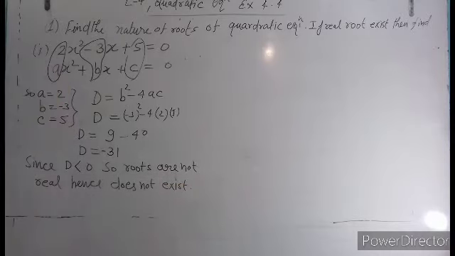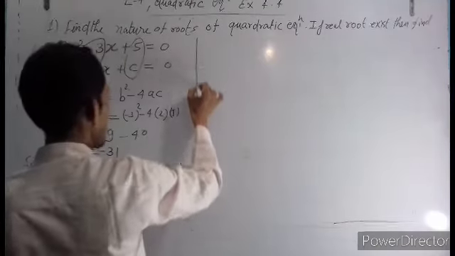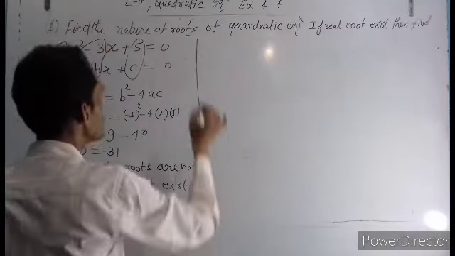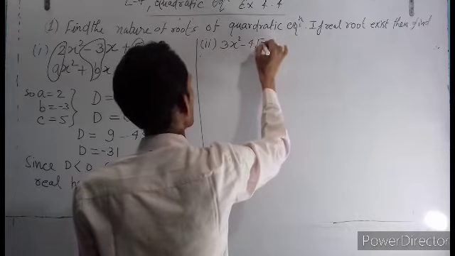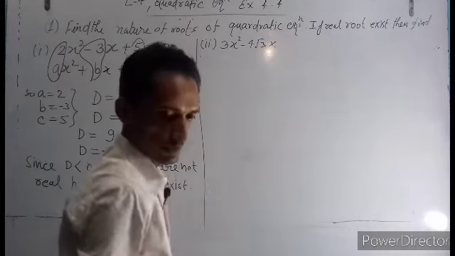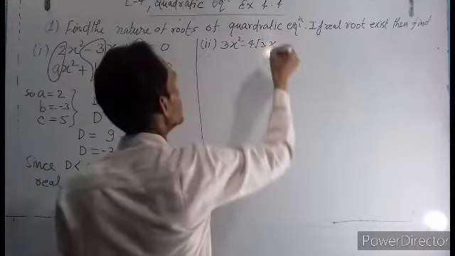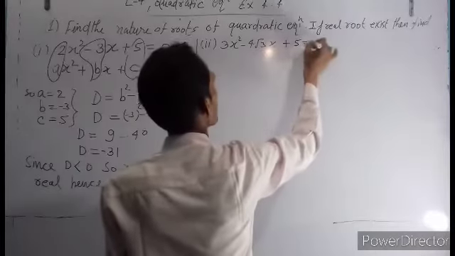Okay, in this way we can see. Now the second part, the second part of the first question: 3x square minus 4 root 3 x plus 5 equal to 0.